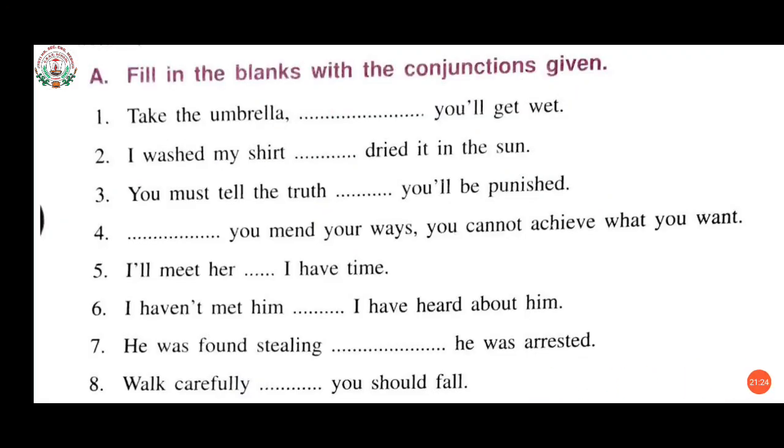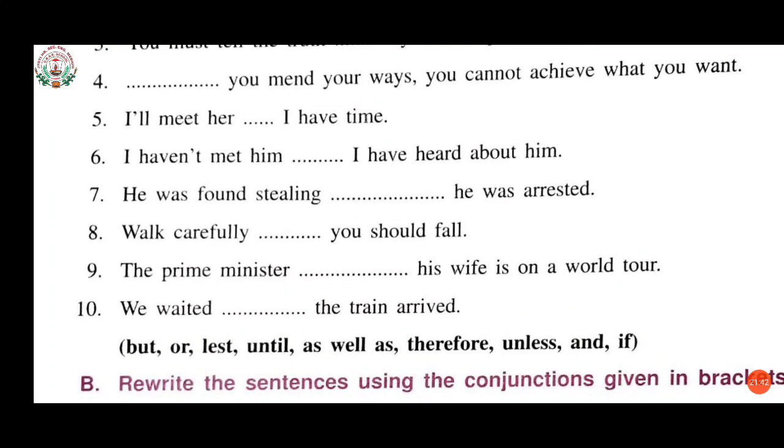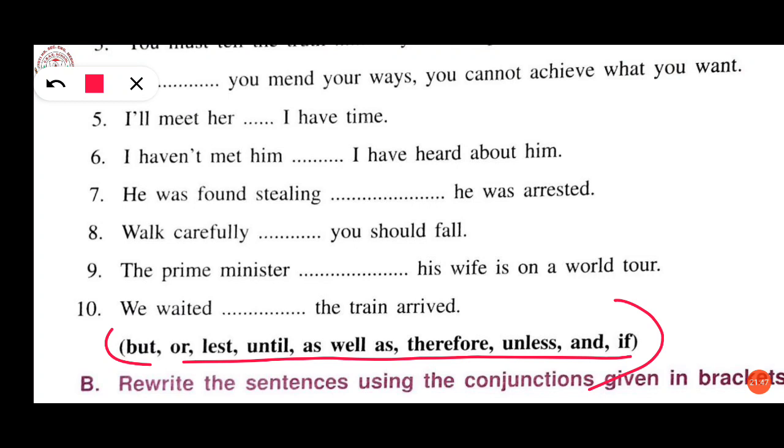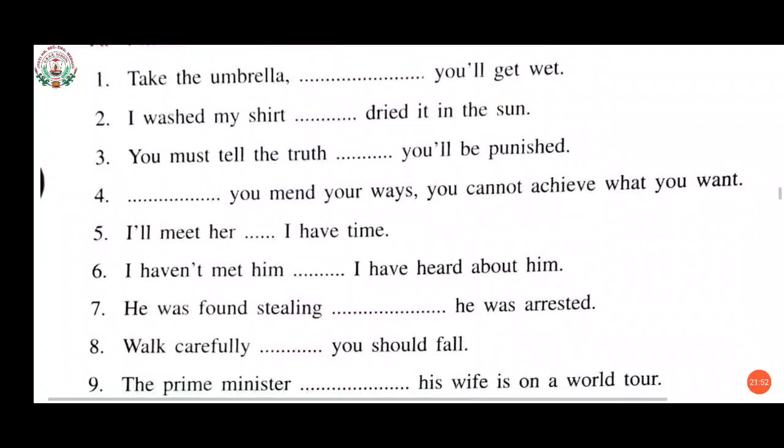In the conjunctions exercise, the question is to fill in the blanks with the conjunctions given. First, take the umbrella dash, you will get wet. Here, students, downwards you can see the options are given, and using these options you have to fill in the conjunction. Take the umbrella or you will get wet.